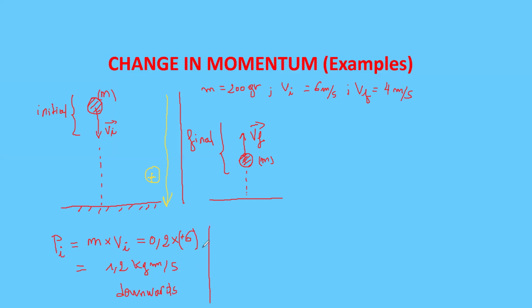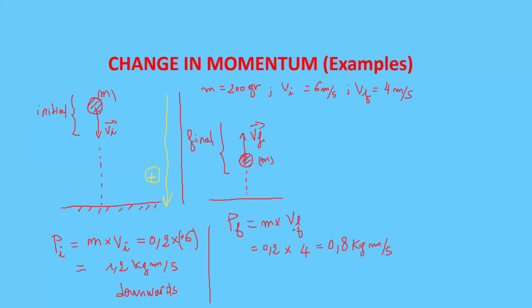Now let's look at the final situation, pf. The final momentum is equal to the mass times the final velocity, vf. The mass is the same, 0.2 kilogram. Don't forget that the mass is always in kilograms, not grams, in the SI system, the international system. Multiplied by vf, which is 4. So the result is 0.8 kilogram meter per second.